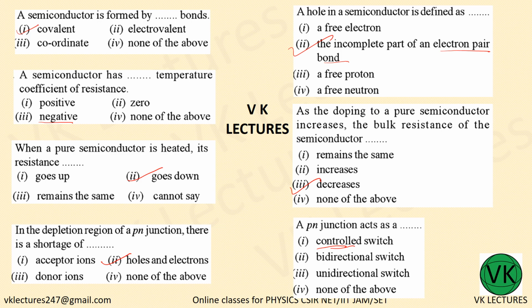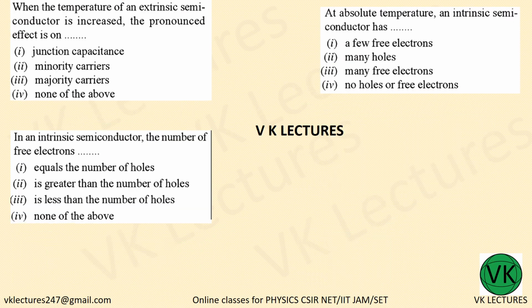That means for the positive half cycle or positive potential, as well as for negative potential, it acts as a switch. A unidirectional switch acts as a switch in one direction only. That means it conducts only in one direction. It's true, because in reverse bias it doesn't conduct. So that is the answer, third.